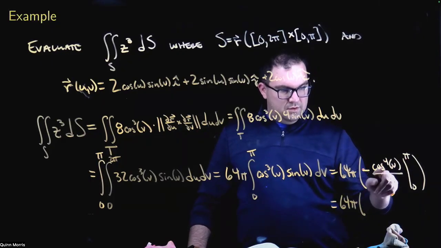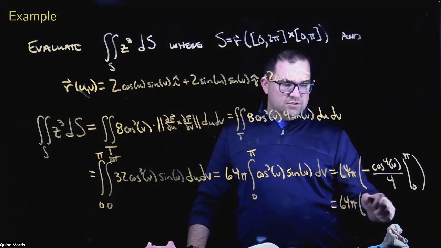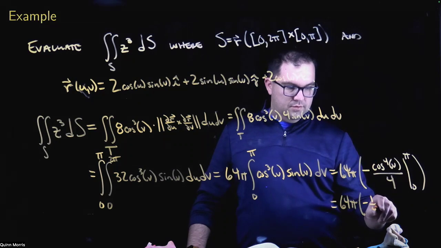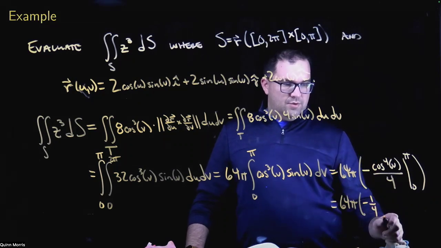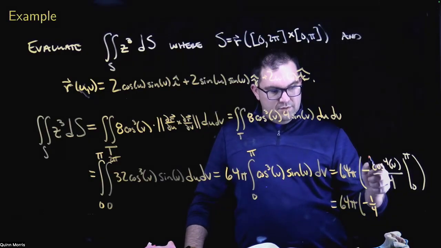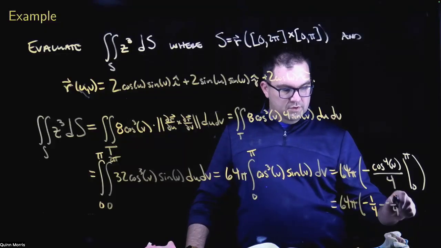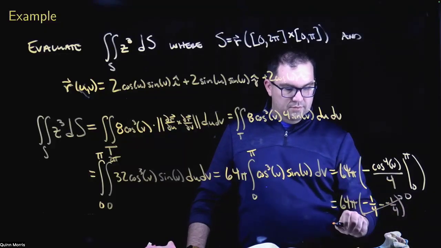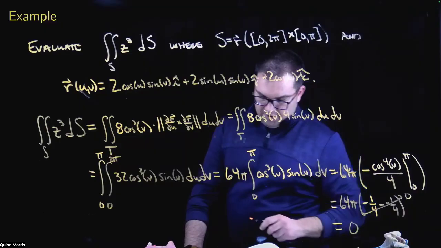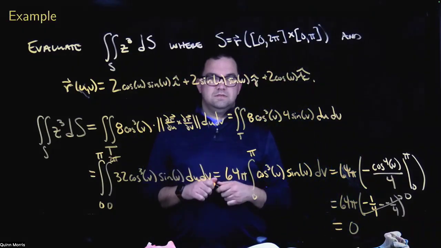At pi, cosine of pi is -1, but it's raised to the 4th power. So I get 1. So I get minus 1/4. Okay. But evaluated at 0, cosine is 1. Right? So cosine of 0 is 1. This will give me a minus 1/4. So this becomes 0. And I actually get that the entire value of this integral is 0.